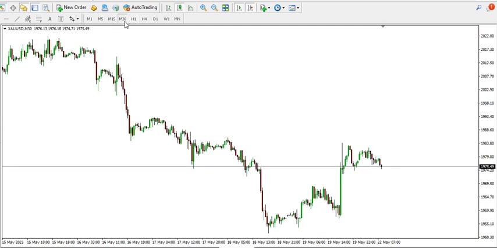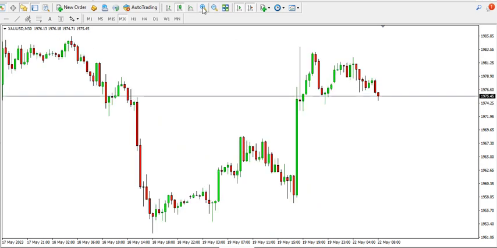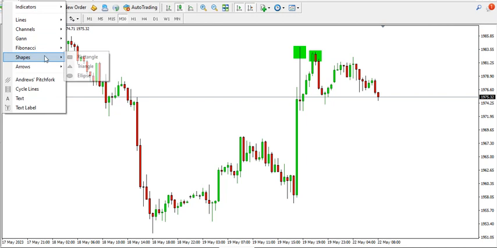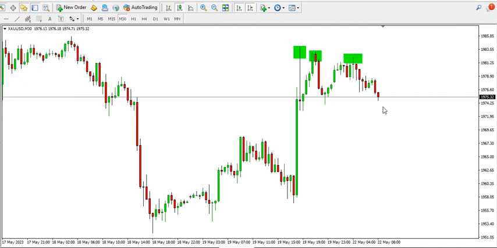On the 30 minutes time frame, we can see that the price of gold has formed a triple top. This is the first top, this the second top, and this is the third top. That shows that the sellers are trying to push price down.